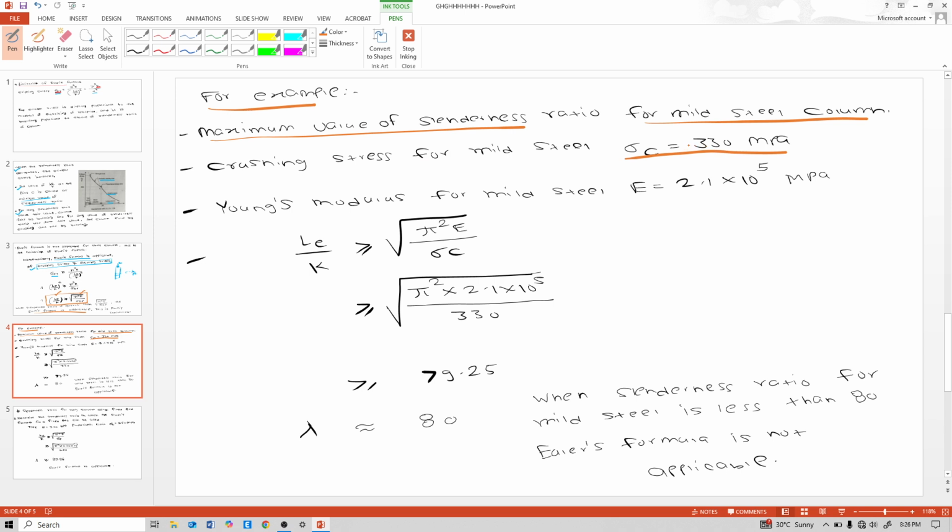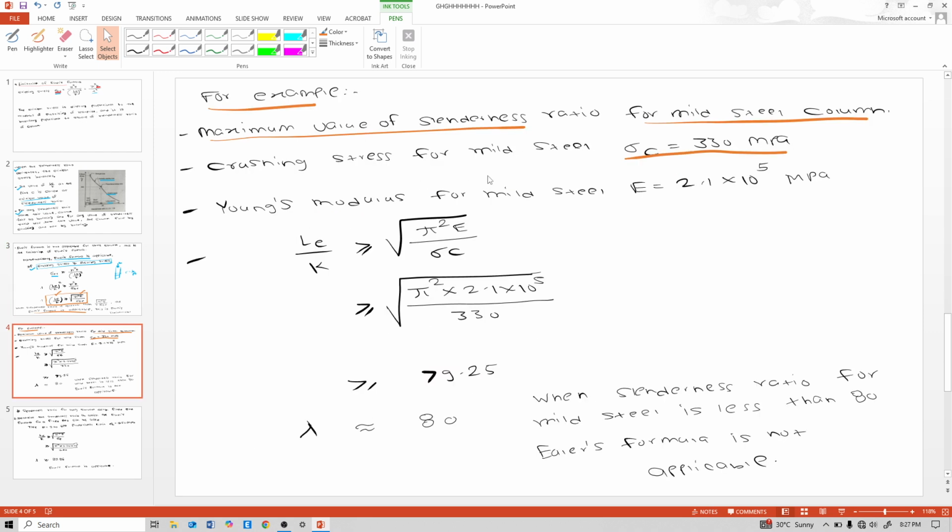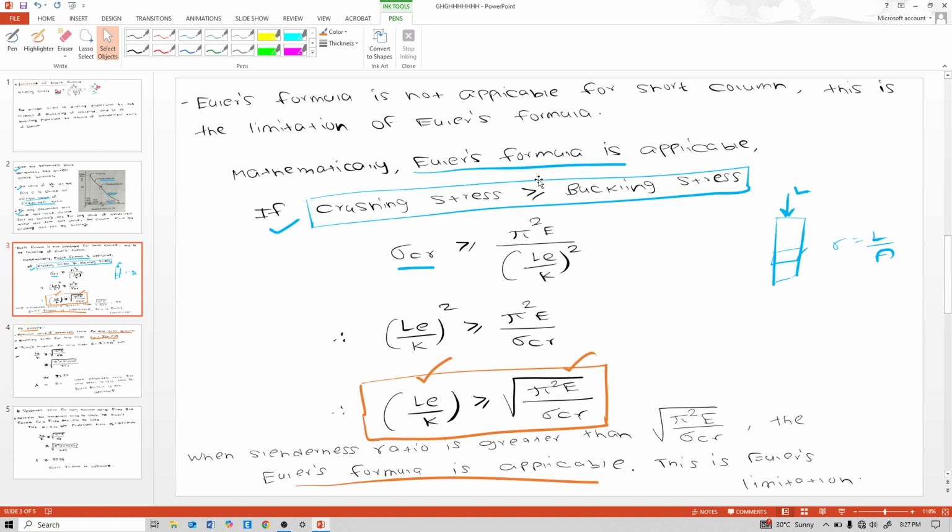They have given us the crushing stress, they didn't give us the buckling stress. Understand that. The sigma CR is the crushing stress.